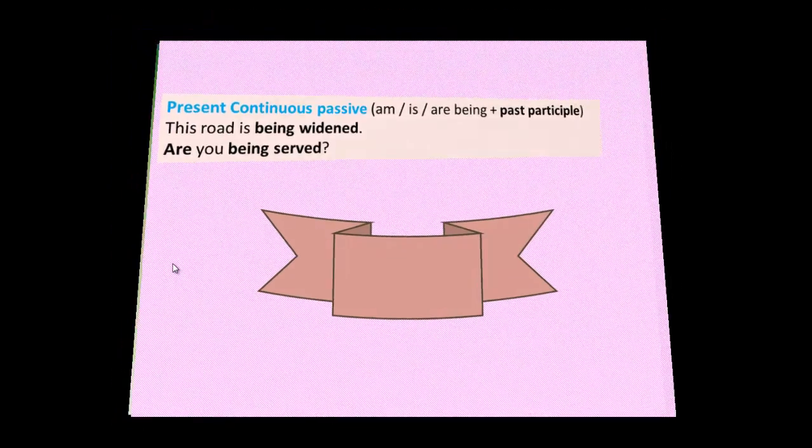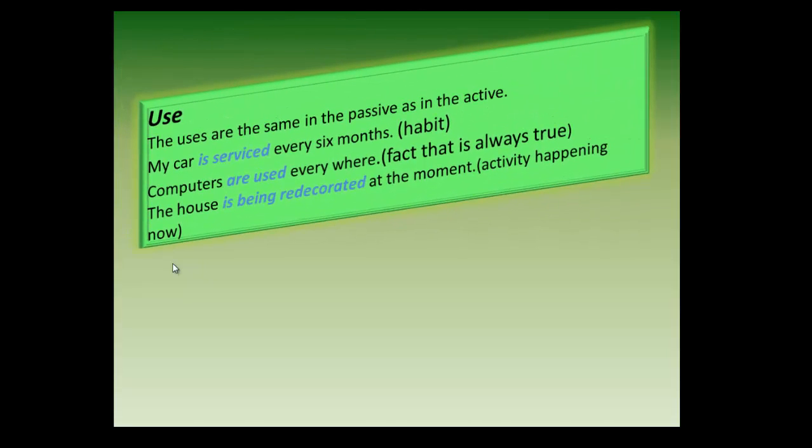Now let's move to the use. I mean the use of the passive. The uses are the same in the passive as in the active. Examples: my car is serviced every 6 months.